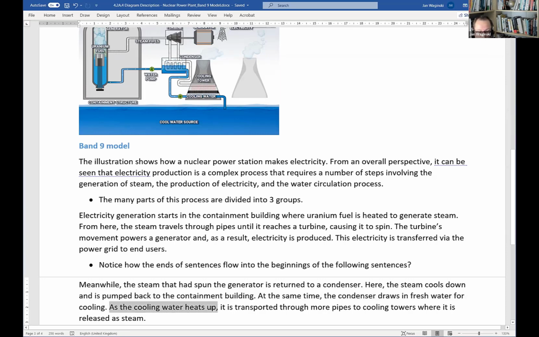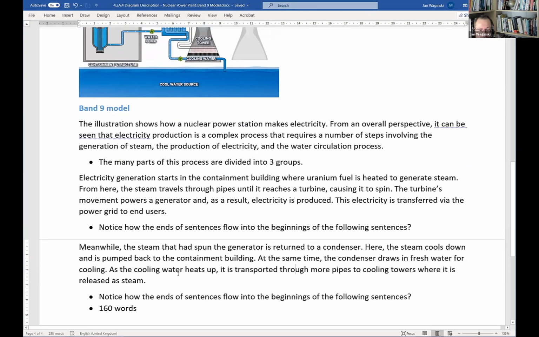As the cooling water heats up, so the fresh water for cooling is the end of that sentence, and it's the beginning of the next. As the cooling water heats up, it's transported through more pipes to cooling towers, where it is released as steam. Okay, and this whole thing is 160 words.